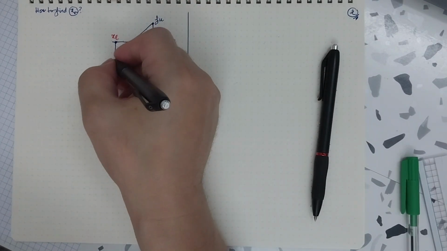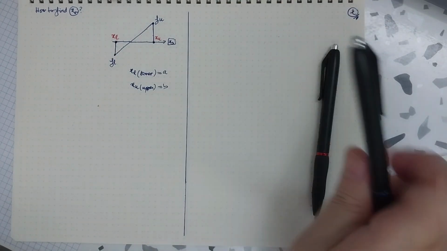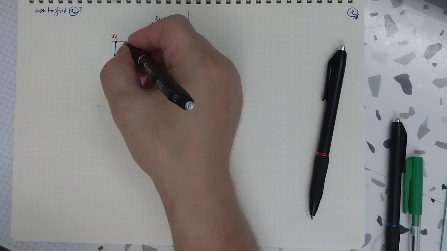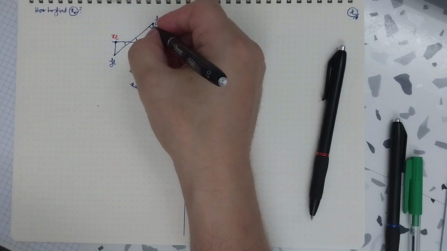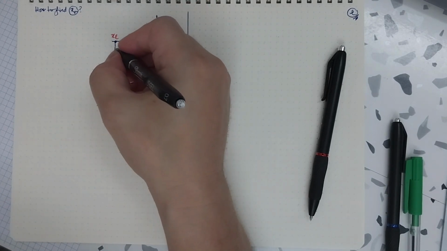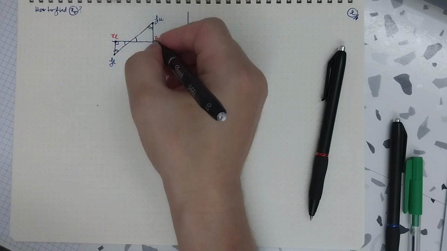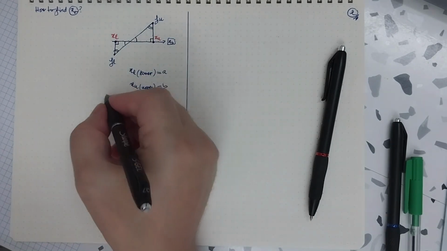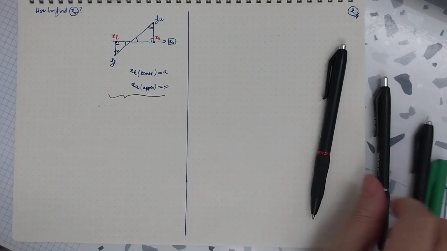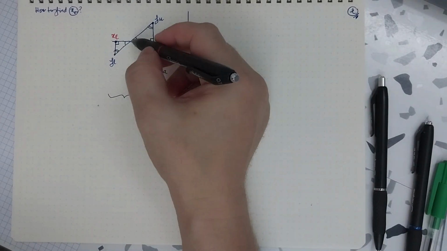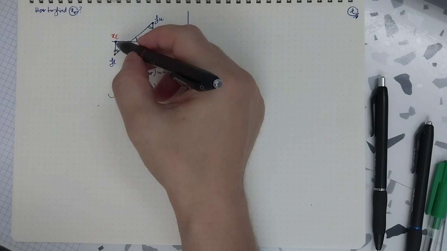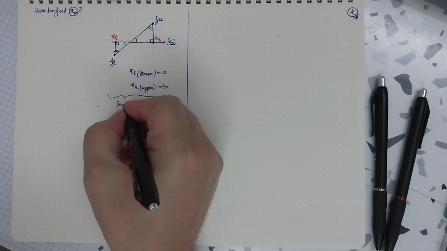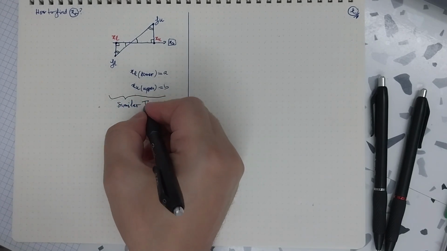FU and FL. So what we can see here, this angle is equal to this angle, and this angle is equal to this angle. This is a 90 degrees angle, same here. So we call that similar triangles. When two triangles have exactly the same angles, the three angles are equal, we call them similar triangles.